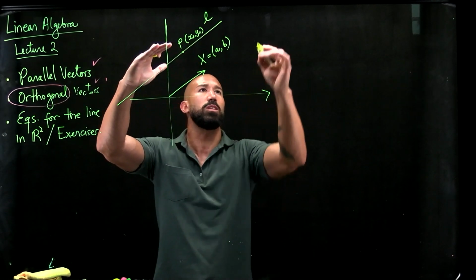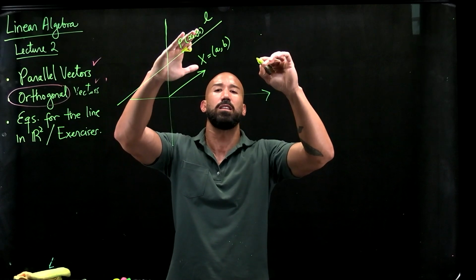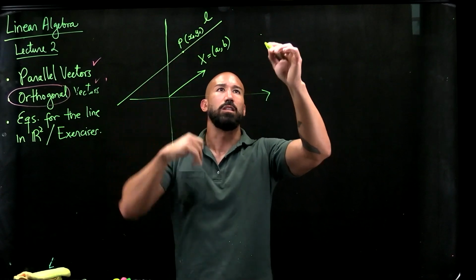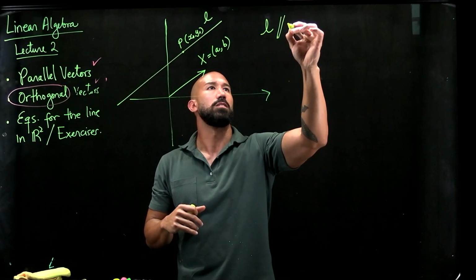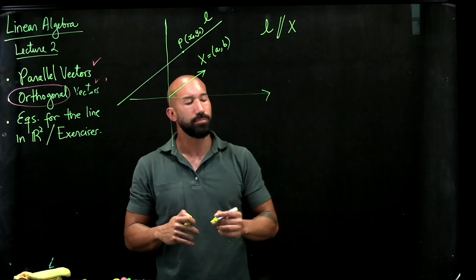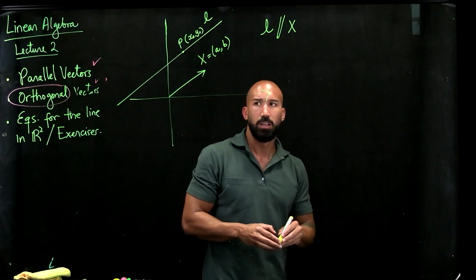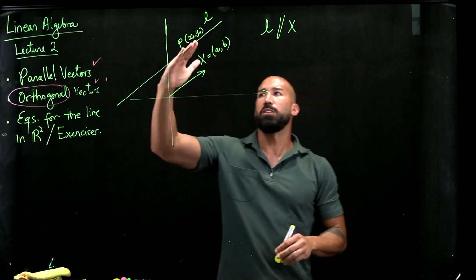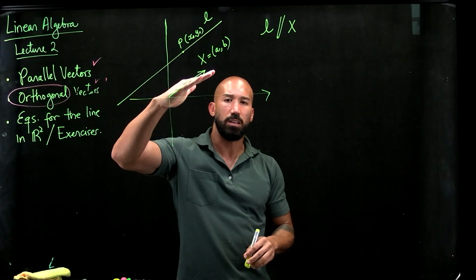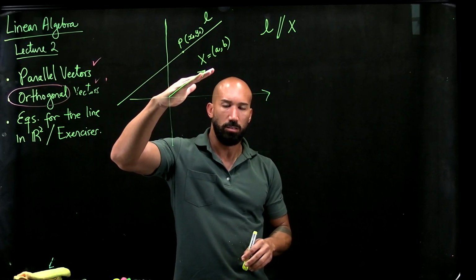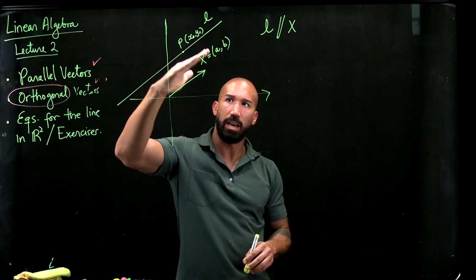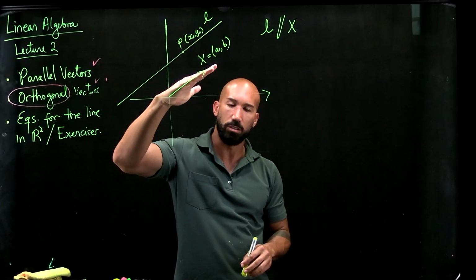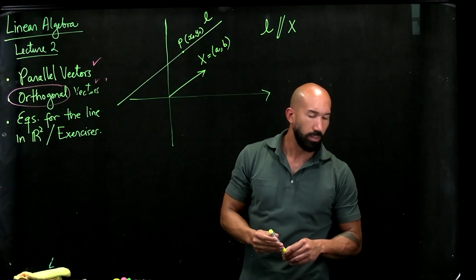What is the relation between the line L and x? I will say that L is parallel to the vector x. Is that okay? All right. So basically, if I translate the line to the origin, that line is going to fall on top of this vector. Is that okay?